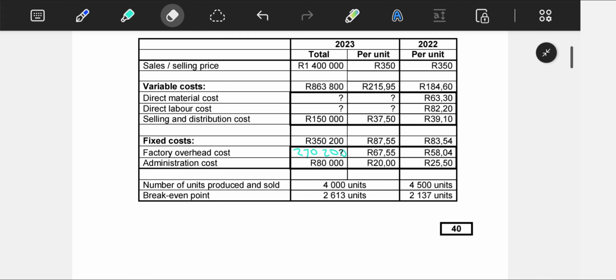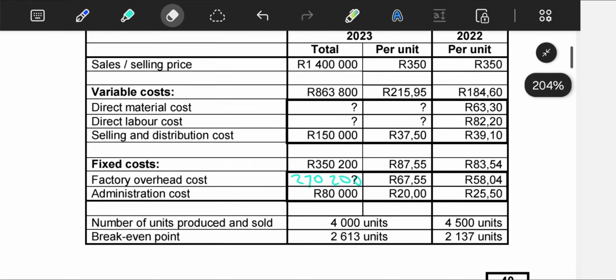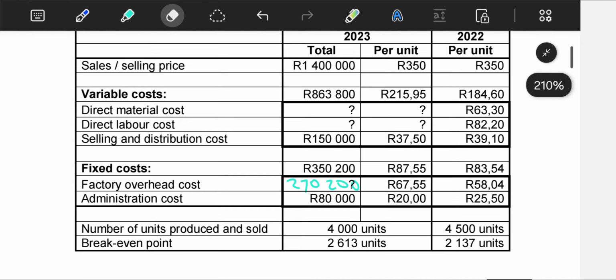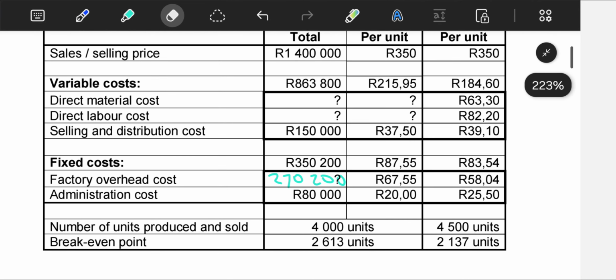Okay. This is where we're going to be working. They said direct material cost and direct labor cost per unit. So this column here is cost per unit.